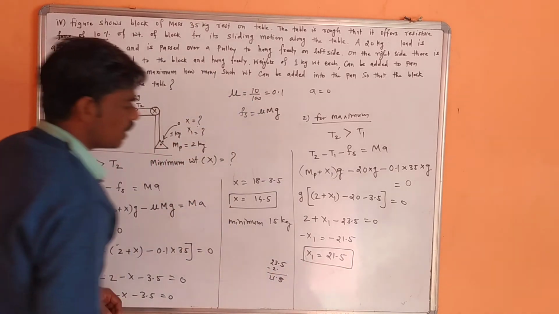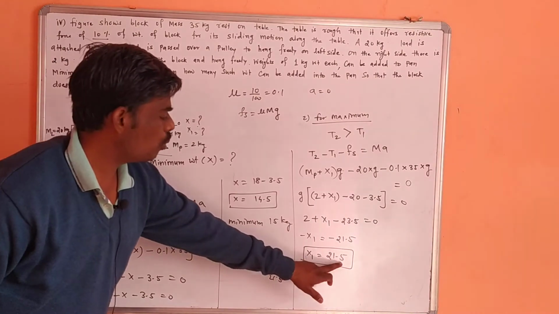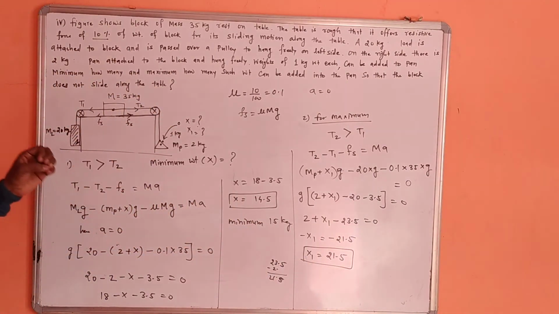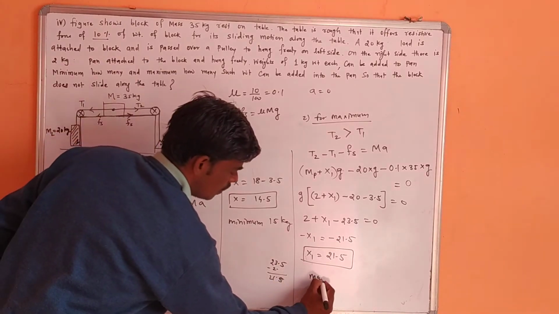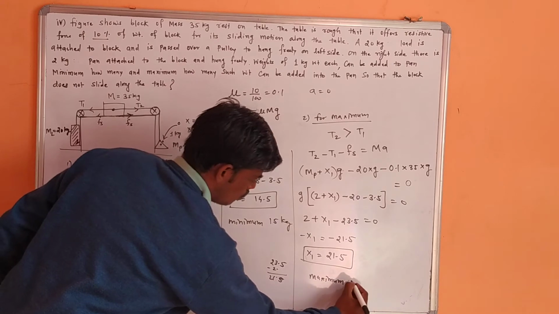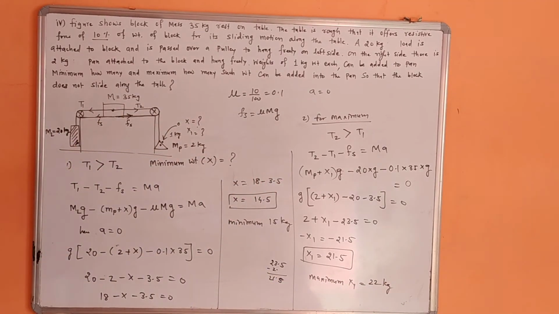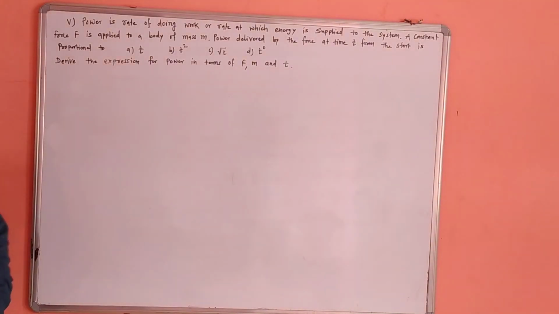This is the maximum weight. Again, 0.5 weight, it is not possible for us. So there should be maximum 22 kg weight added in the pan so that it will not move. This shows acceleration 0. This is our fifth problem from chapter Laws of Motion.